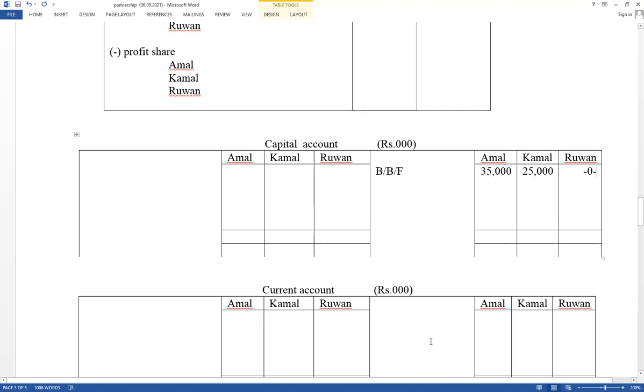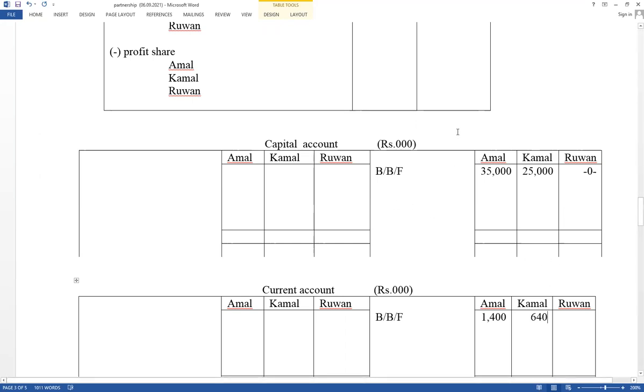And take the current account balance also. It has given current account 1,400 and 640, also credit balance. Therefore, as a balance brought forward, 1,400 Amal, Kamal it is given 640. First one, take the balances available in the trial balance as a balance brought forward.